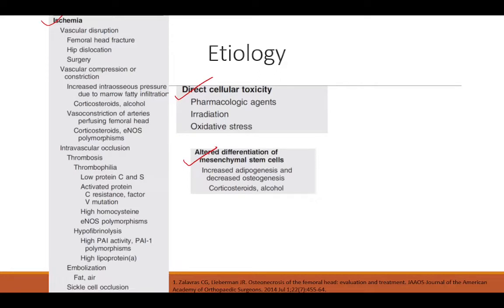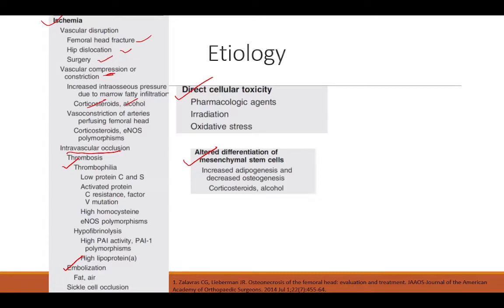Ischemia can be following vascular disruption due to fractures, dislocations, or any surgery. It can also be following vascular compression due to steroids or alcohol use. It can be due to intravascular occlusion such as thrombosis, such as in blood disorders, or embolization such as fat embolization or air embolization.